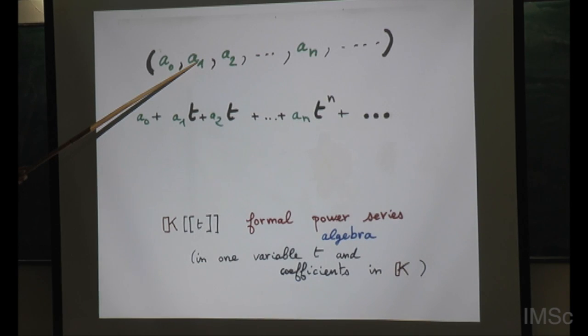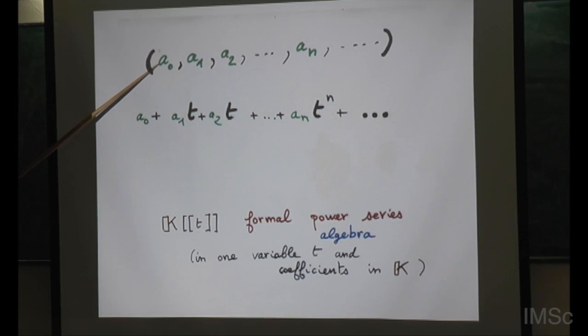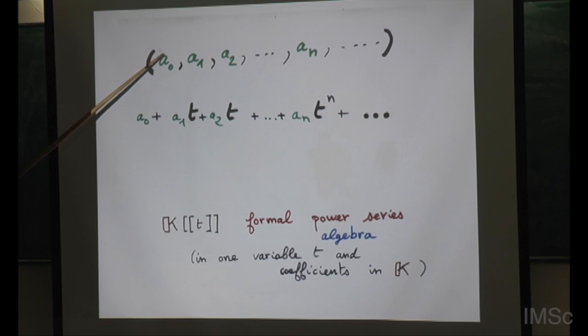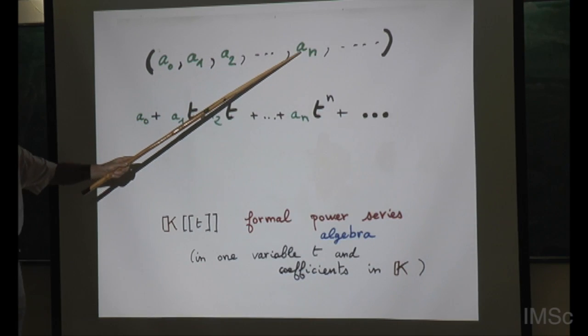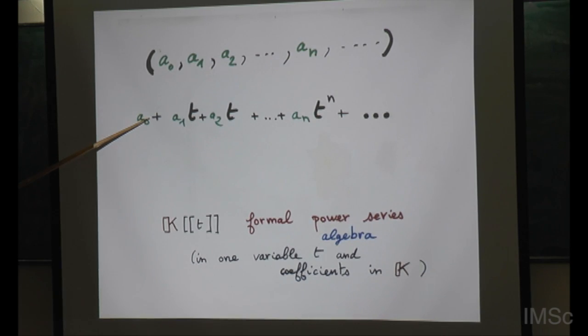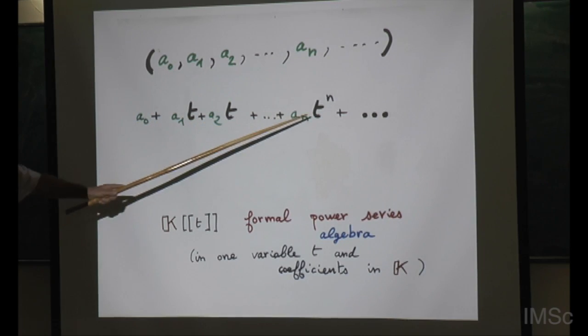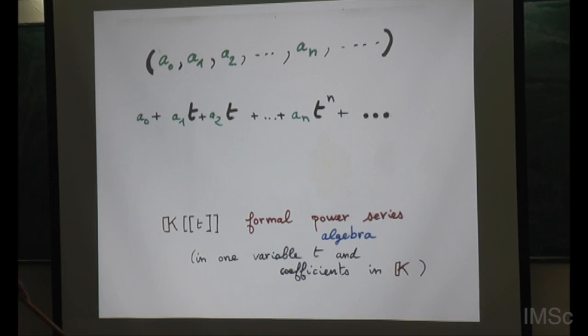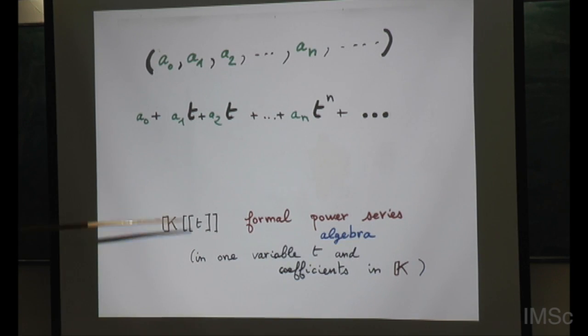So for the moment, a formal power series is just an infinite sequence of coefficients a0, a1, a2, an, all these coefficients are in the ring K. And for the moment, this is a notation as a polynomial plus dots. So this is a formal power series in one variable t with coefficients in the ring K.